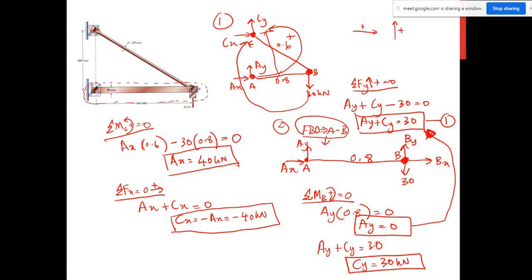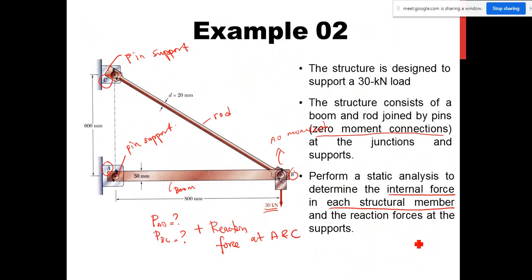Alright. What else? We have CX already, AX already, AY, CY. So we have all the values for the reaction forces. Remember our question: determine the reaction force at A and C. So at point A means AX and also AY, and at point C means CX and also CY.